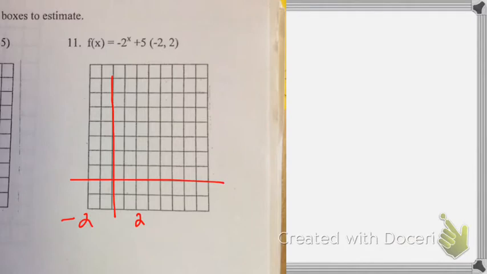Negative 2 is 4.75. Negative 1 is 4.5. 0 is 4. 1 is 3. 2 is 1. And so there's our curve.